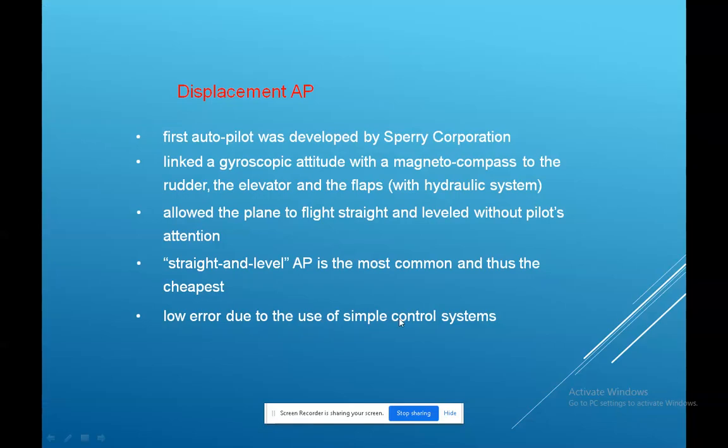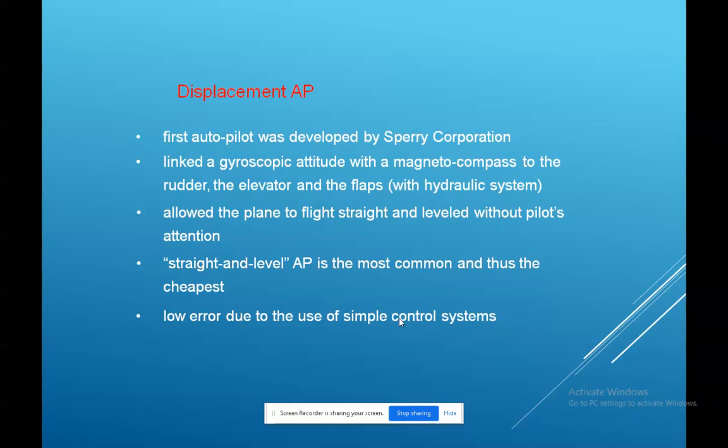So the autopilot system is nothing but a system that can control and manage without the intervention of the pilot. The displacement AP allows the flight to move straight and level without pilot control.